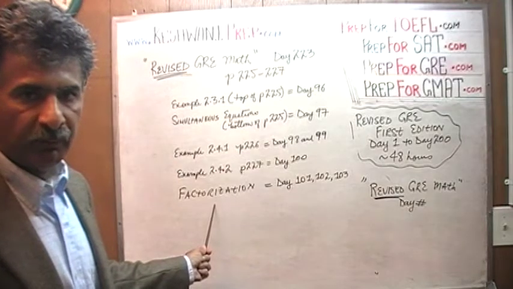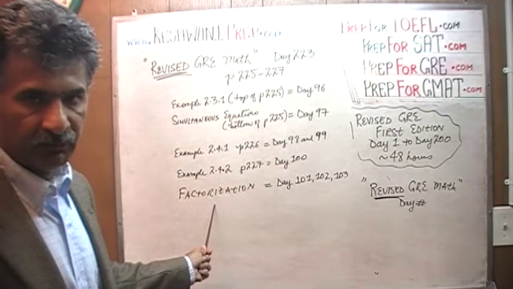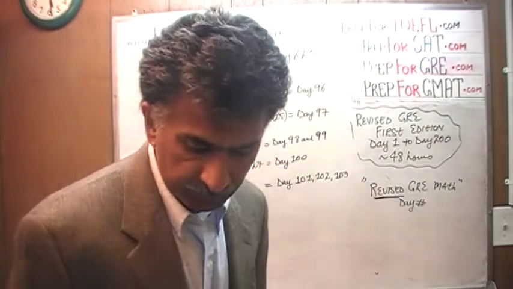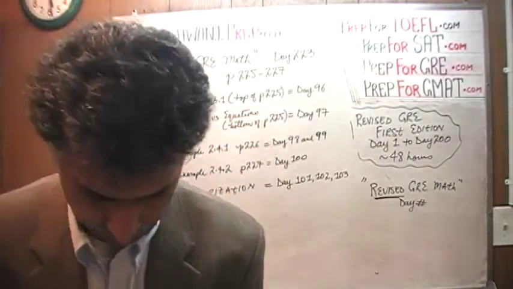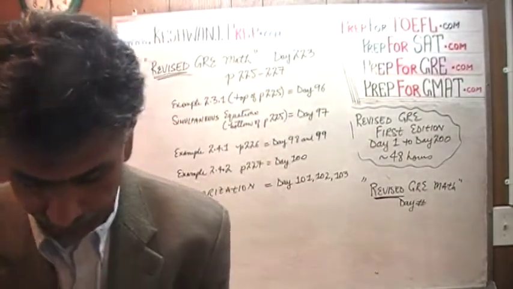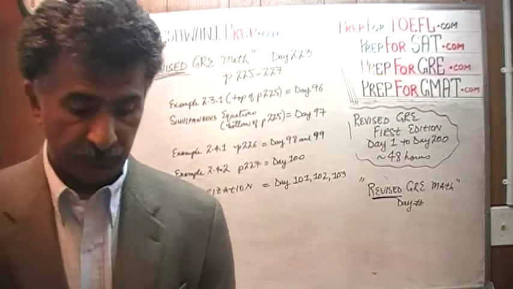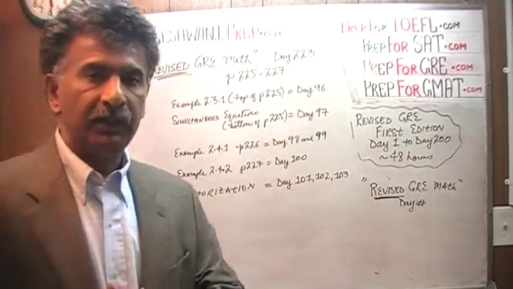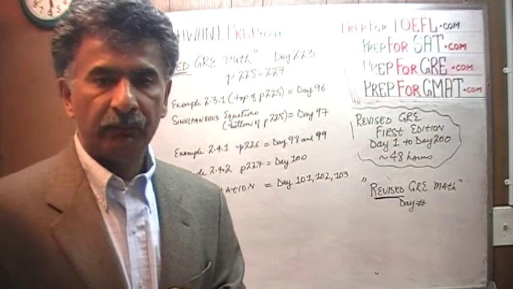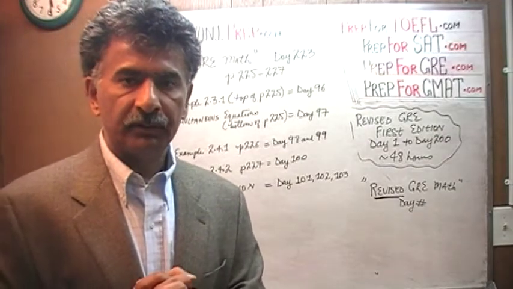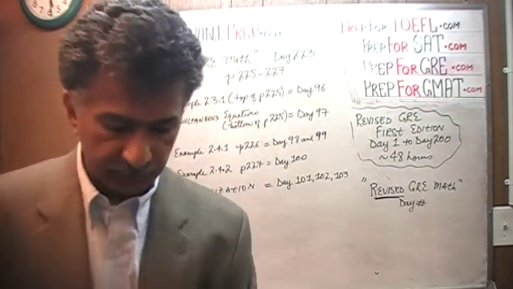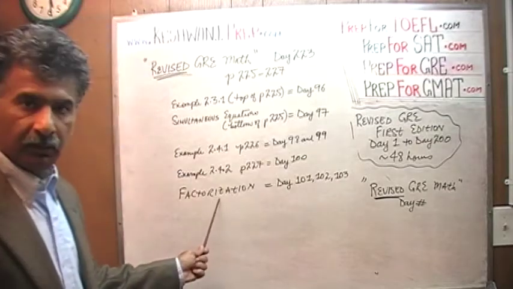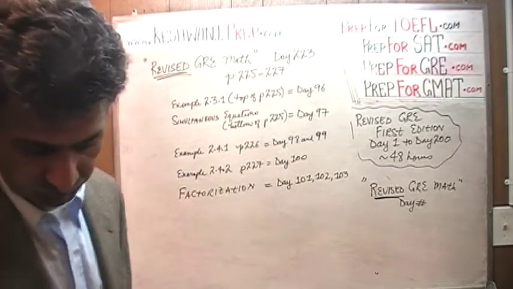And we solve those problems using a method called factorization, where one solves a quadratic equation without the quadratic formula. Because I can never remember the bloody thing. I cannot remember the quadratic formula. So I have to have a way of solving quadratic equations without the formula. And that method is what is known as factorization, where you don't have to memorize the formula.